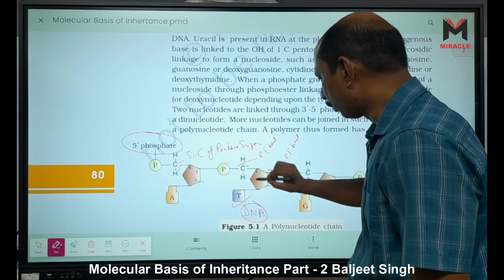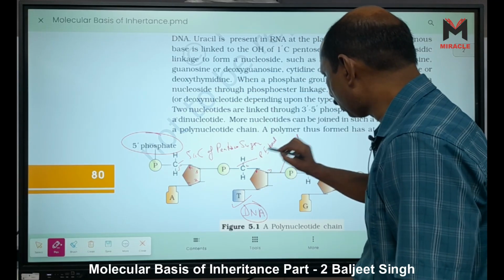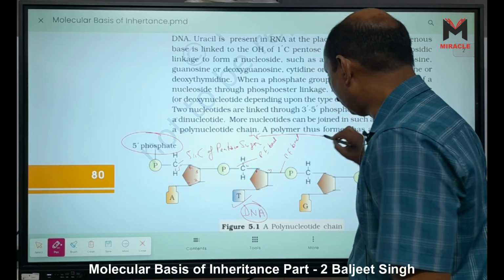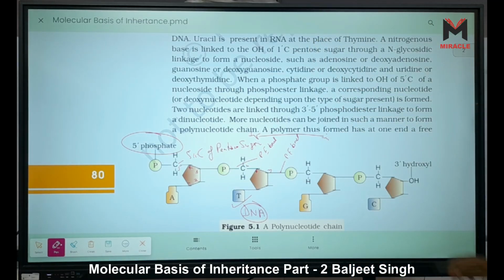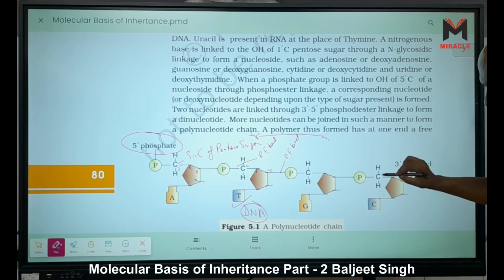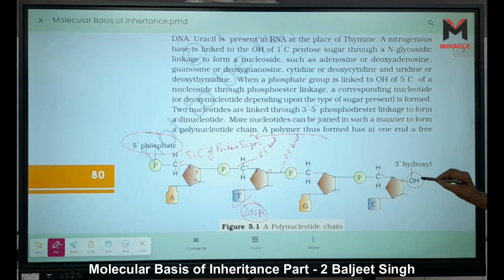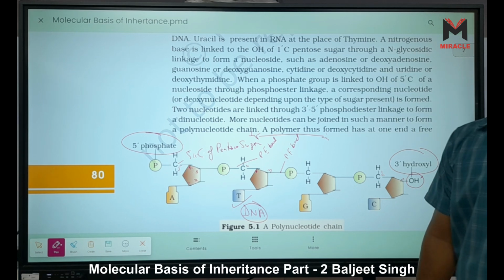So, third and fifth: what is the direction of this strand? You can see the 5', and this side is the 3'. When you come to the end, this is the fifth carbon and this is the third carbon. The third carbon has an OH group, so it has no phosphoric acid. The last one means a 3' hydroxyl moiety is there.